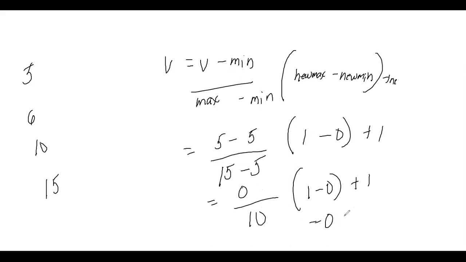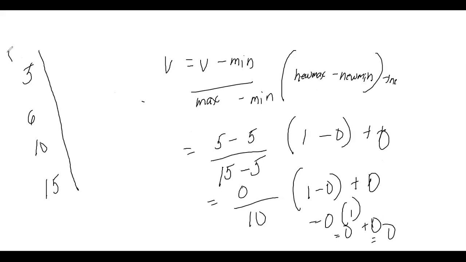And then multiplied by 1, it is still 0. 0 plus 0 is equal to 0. So the new value for our data set here, for 5, this is the mark, and the new value is 0.